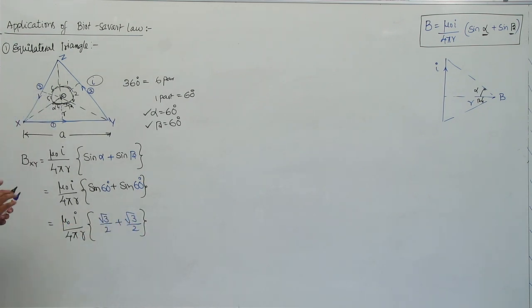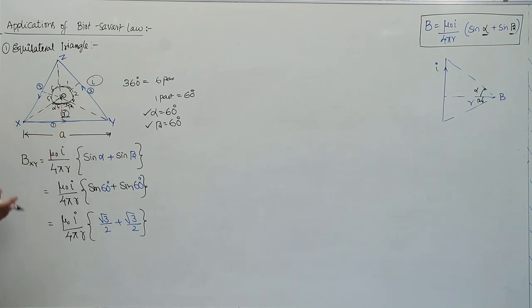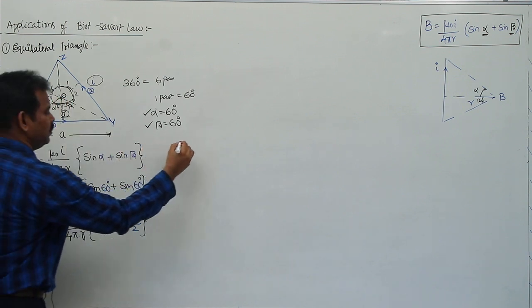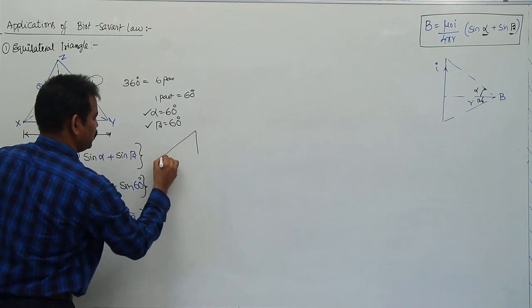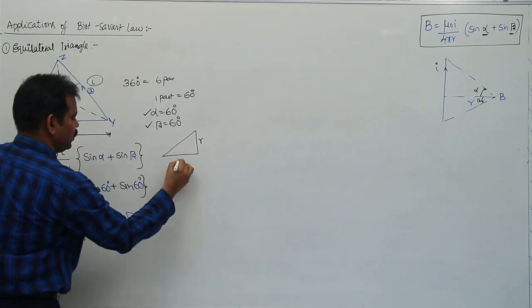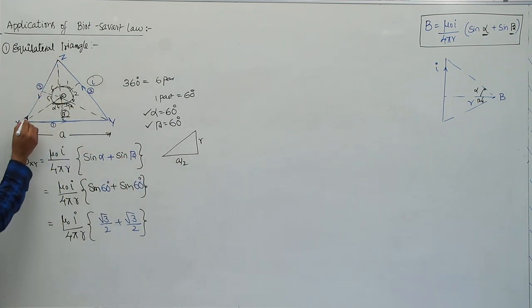But here in this problem, this r is not given. We assumed that the distance of this centroid from this side is r. I need to convert this r into terms of a. For this, I am going to take this triangle. From the small triangle portion here, if it is R, this length is A by 2. And we know that in an equilateral triangle each angle is 60.